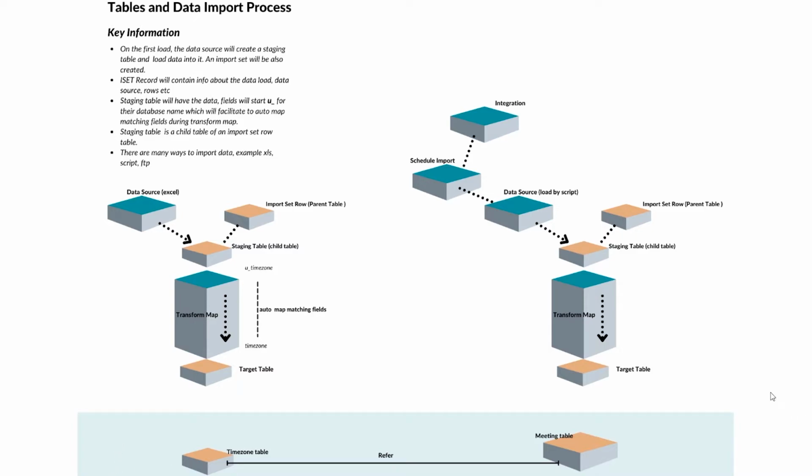If you have U_email, map it to the email field that you have in your target table. This is how we can automatically map all the fields. In case you have a different name in your target table, you can map it manually. So all you do after is just create a transfer map, map all the fields, then you transfer the data.